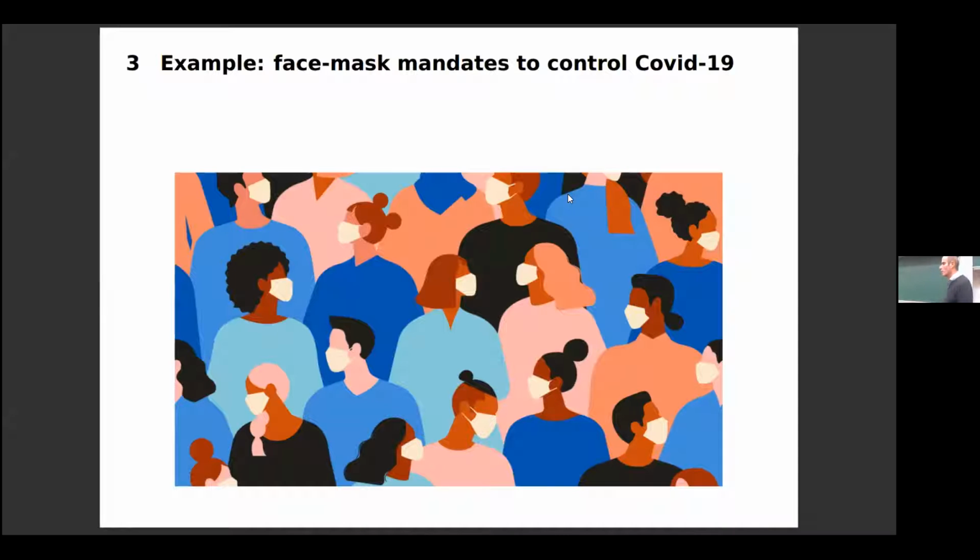Okay, so now we're going to look finally at our example, and this intersects both medicine and the law. We're going to look at the effect of face mask mandates to control COVID-19. So we're going to go through the stepwise procedure to assess face mask mandates. This is interesting because just this year, there was a controversial systematic review of face masks.